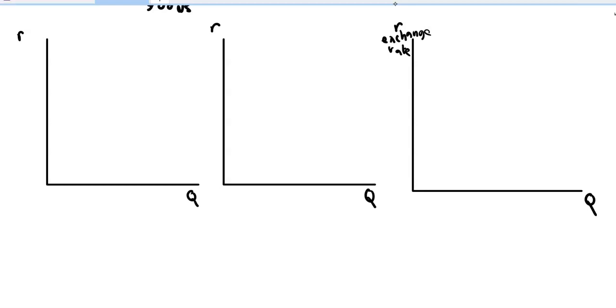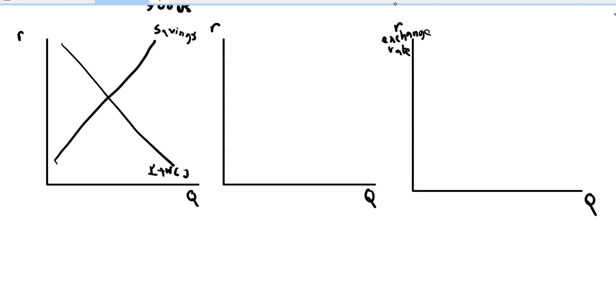From here we saw the interaction of supply and demand: this was the supply from savings, and this is I plus NCO, which provided the demand and supply for funds, and then this determined the interest rate. This interest rate then determined my NCO.